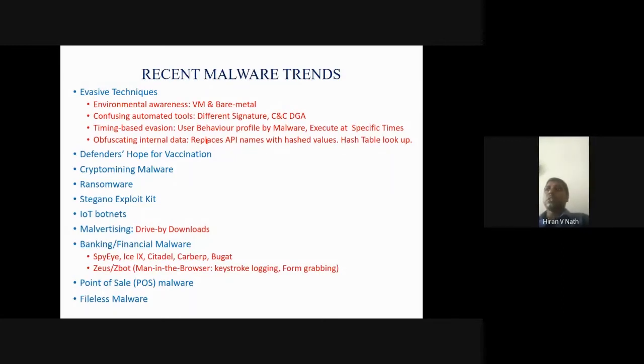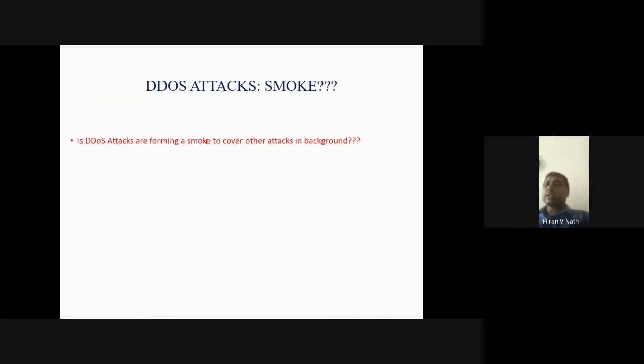Point of sale devices are compromised, and the malware infection happens from there. And the latest trend, not latest, in 2019, fileless malware was introduced, where you don't have a file; the malware resides in the system registry itself.